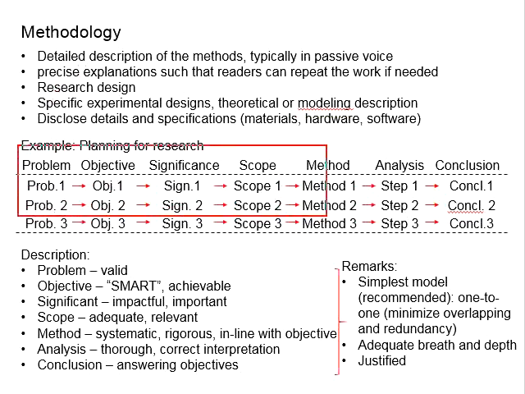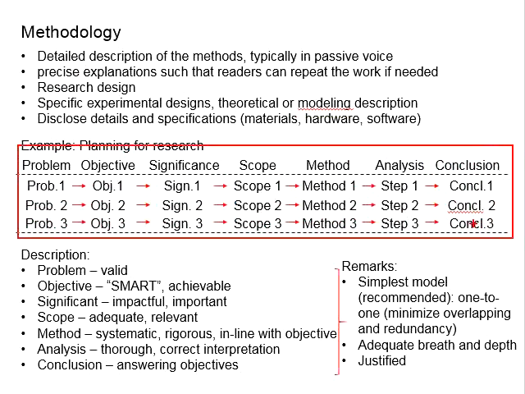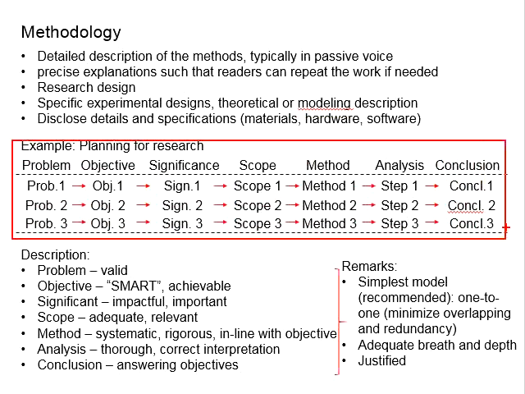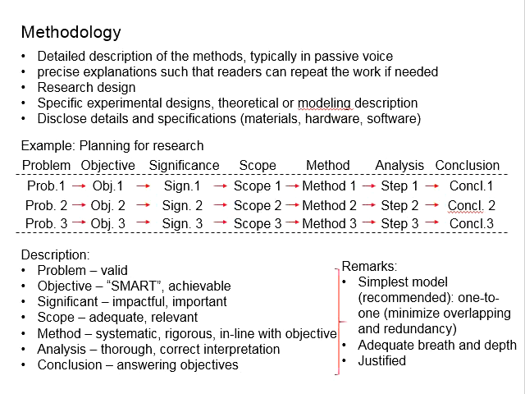This relationship between different elements of the research needs to be clearly reflected in your thesis, where through your writing, you need to structure the content, implying the structures of one-to-one models.